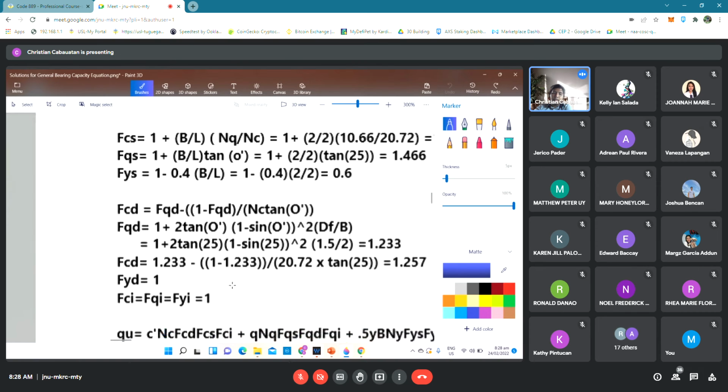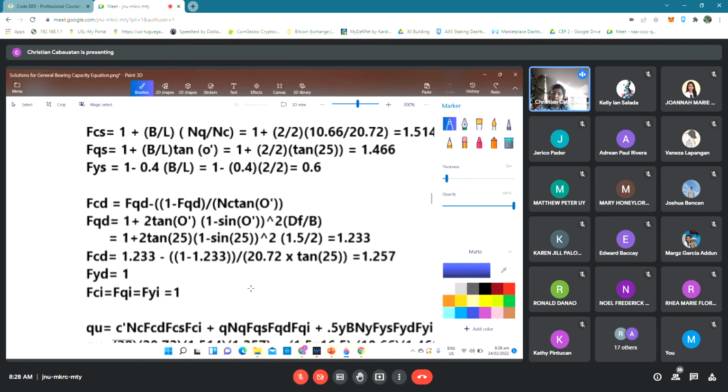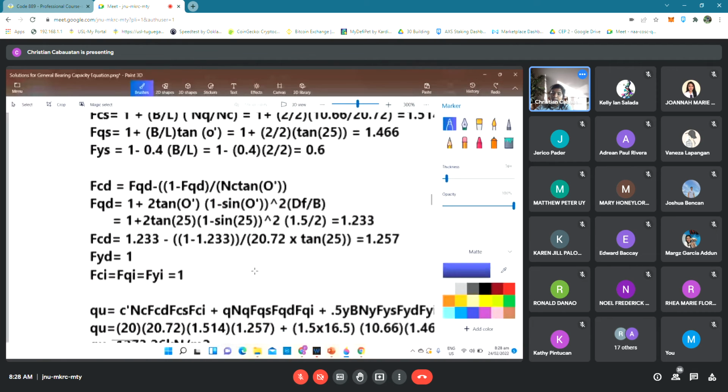So, by using the formula, QU is equal to C NC FCS FCD FCI plus Q NQ FQS FQD FQI plus 0.5 gamma B N gamma F gamma S F gamma D F gamma I. So therefore, Q is equal to 20 times 20.72 times 1.514 times 1.257.